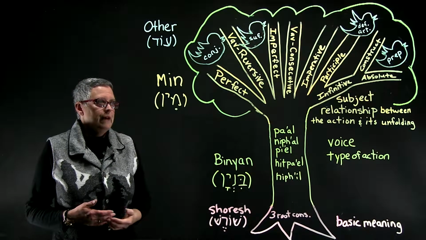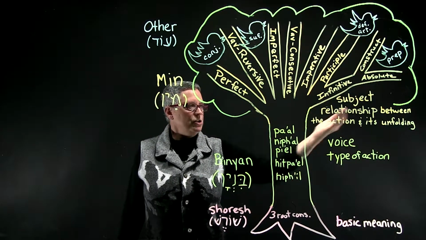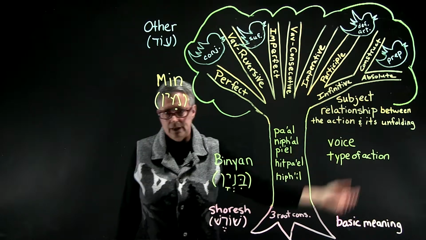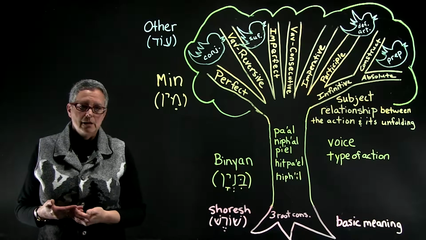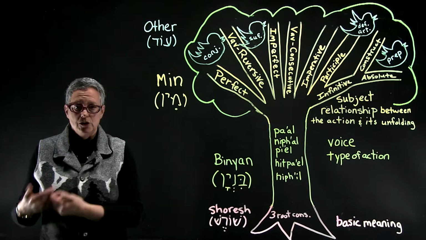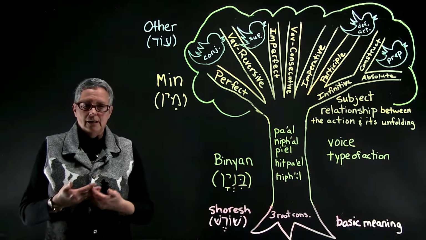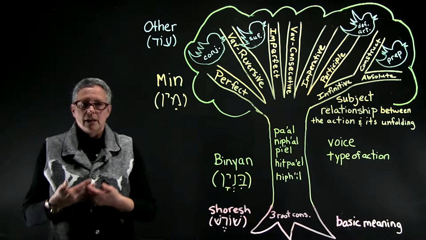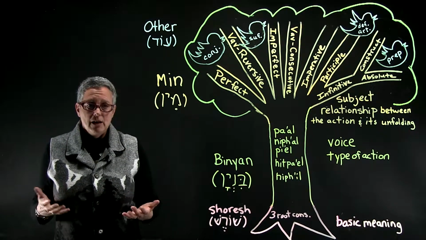The information that we get from the form is, first of all, the relationship between the action and its unfolding. As you know, the Hebrew verbal system does not deal with time in the same way that we do in English. So the relationship between the action and its unfolding is: is this action completed or is this action incomplete?